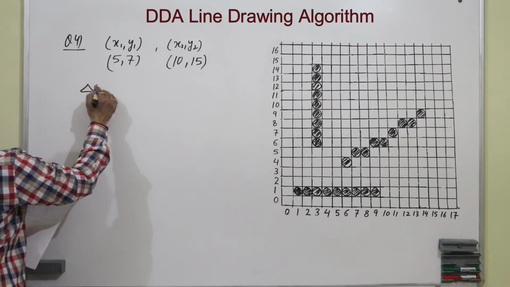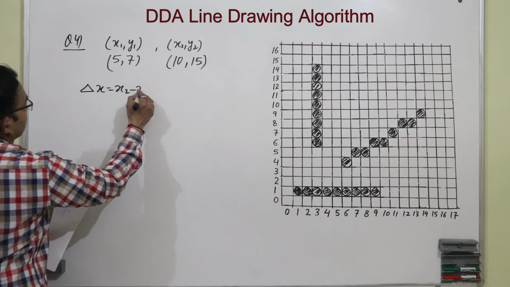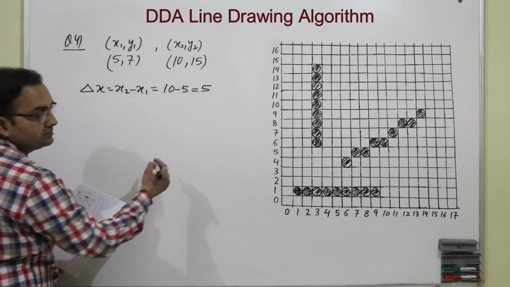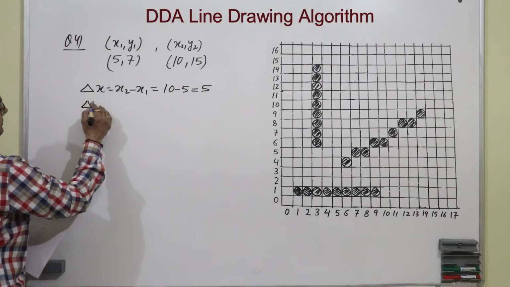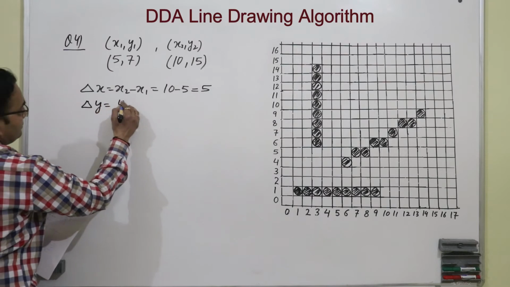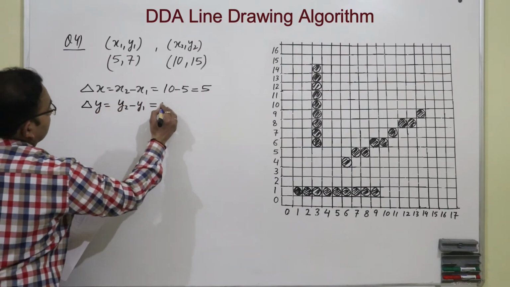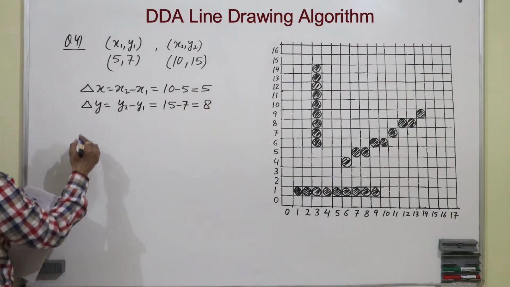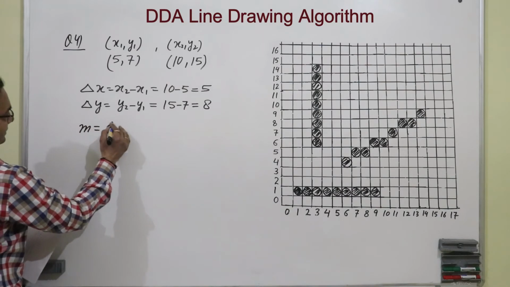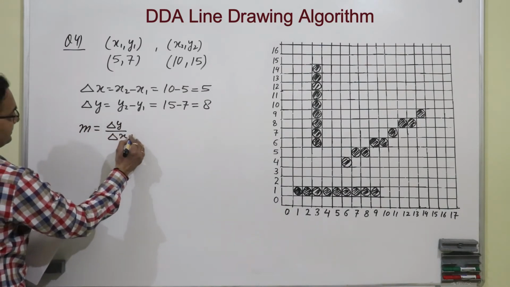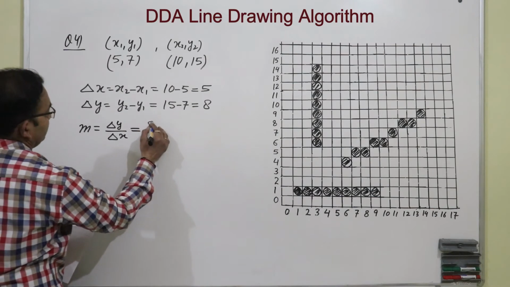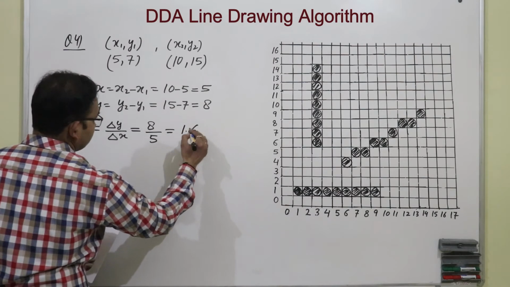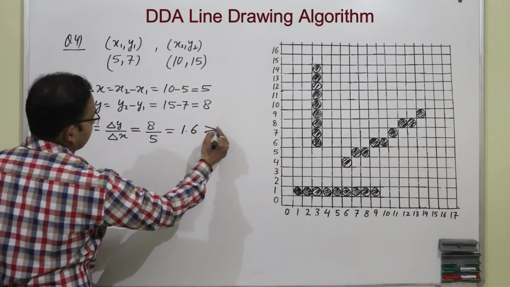So delta x equal to x2 minus x1, 10 minus 5 equal to 5. Delta y equal to y2 minus y1 equal to 15 minus 7 equal to 8. Slope delta y upon delta x, 8 upon 5, it will be 1.6. So m is greater than 1.